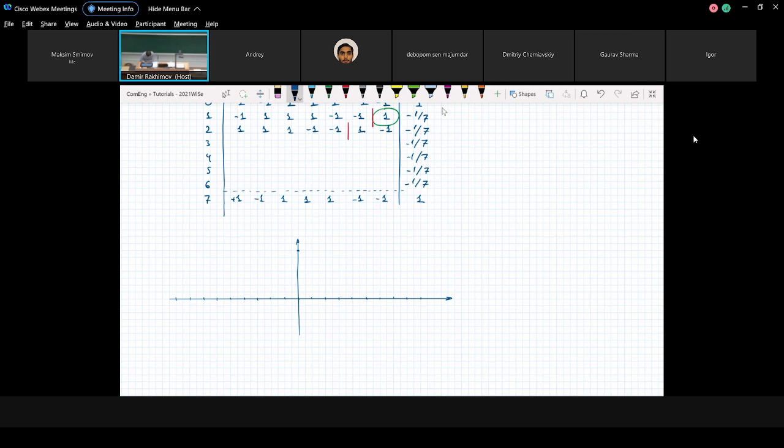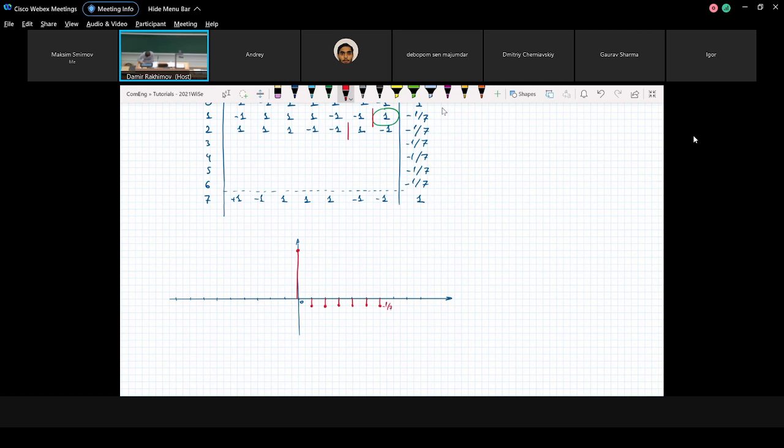At the maximum, our pulse has amplitude 1. Then for differences 1 through 6, for all of them, we have amplitude minus 1 over 7.